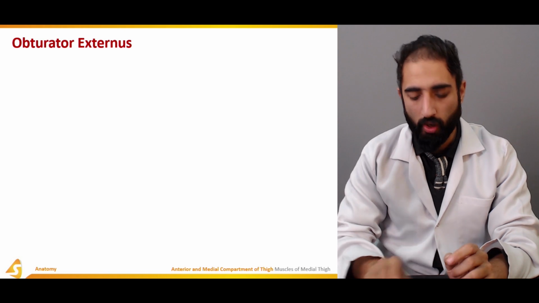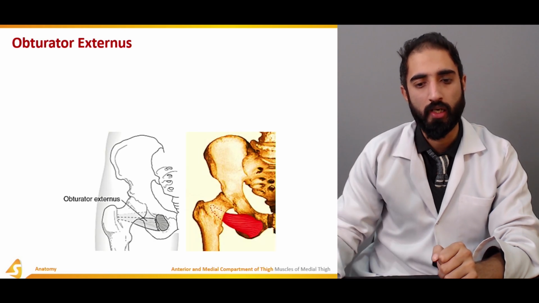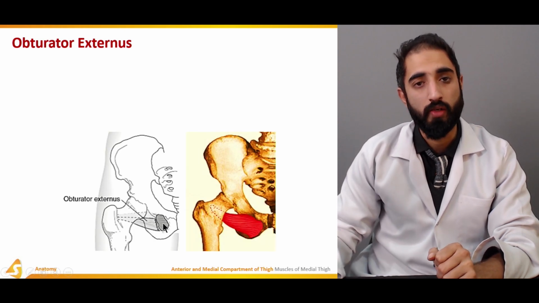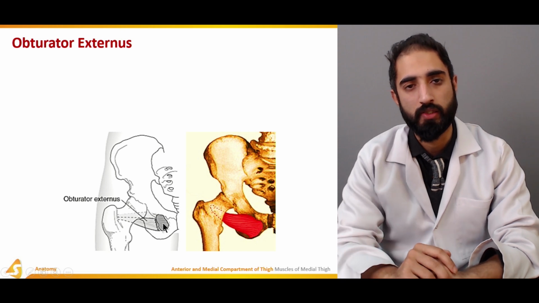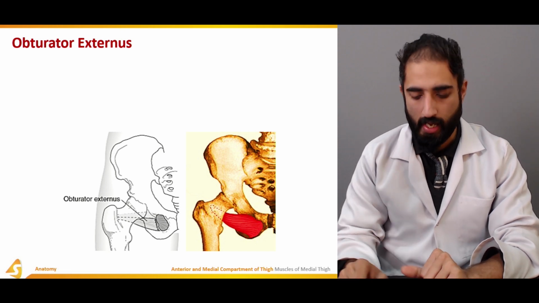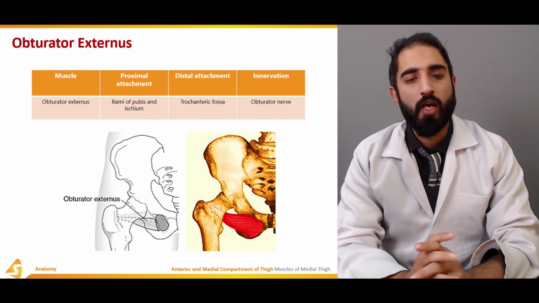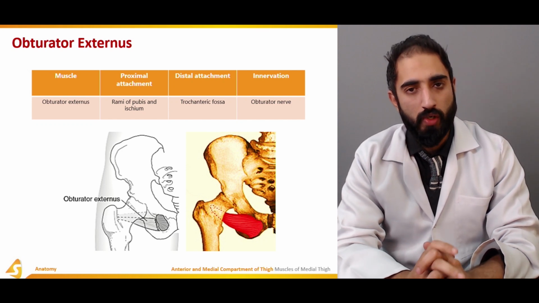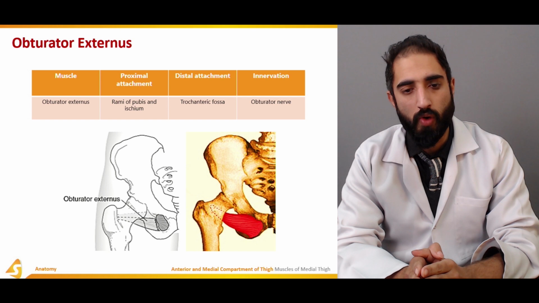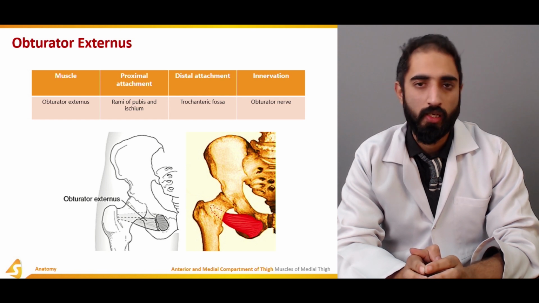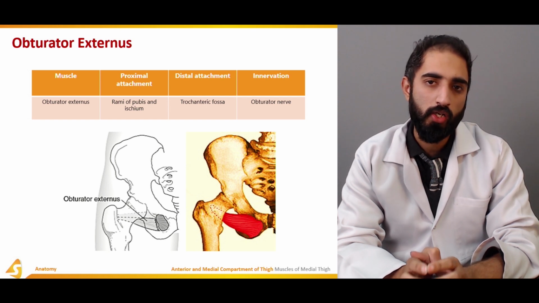Then we have a very small muscle which is located in the obturator foramen, and it is the obturator externus. And the proximal attachment of the obturator externus is from the rami of the pubis and the rami of the ischium.